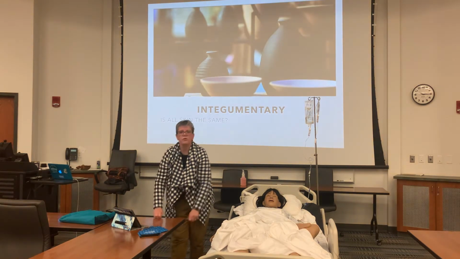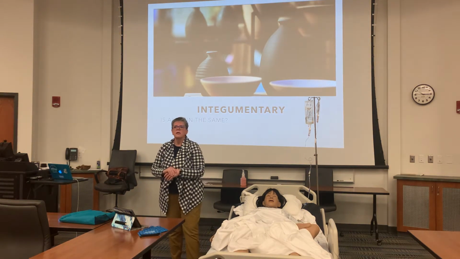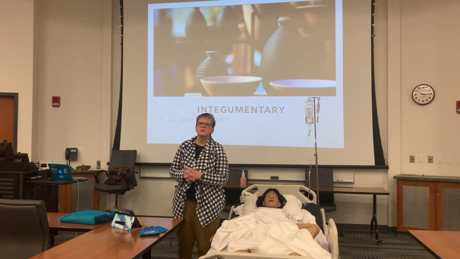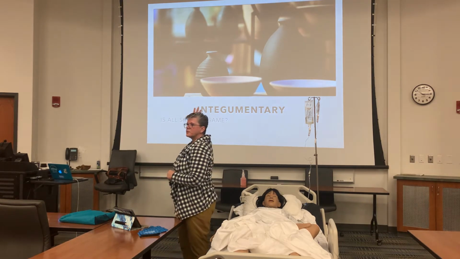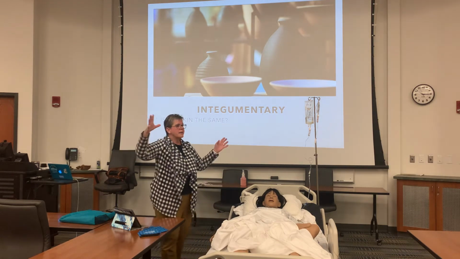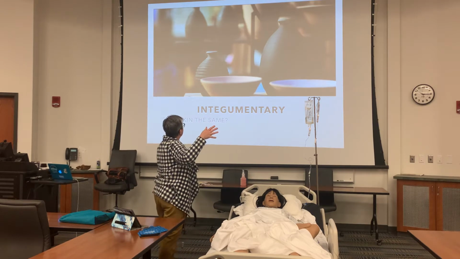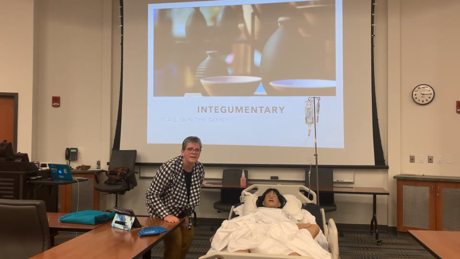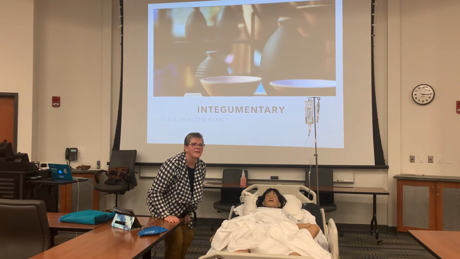All right, so let's get into the lecture part. This might not mean anything to you except, oh, that's a nice picture. But when we really look at this picture, what do you see? You see pots. What about them? I say it's a texture.